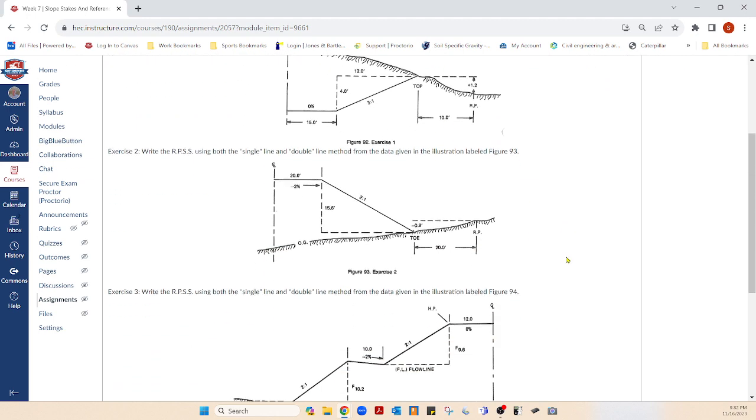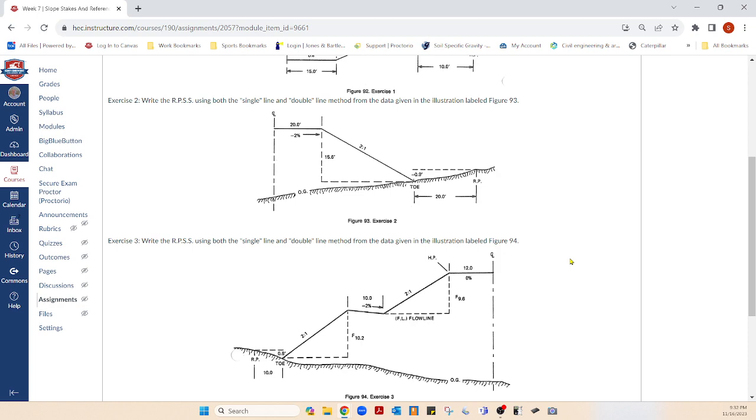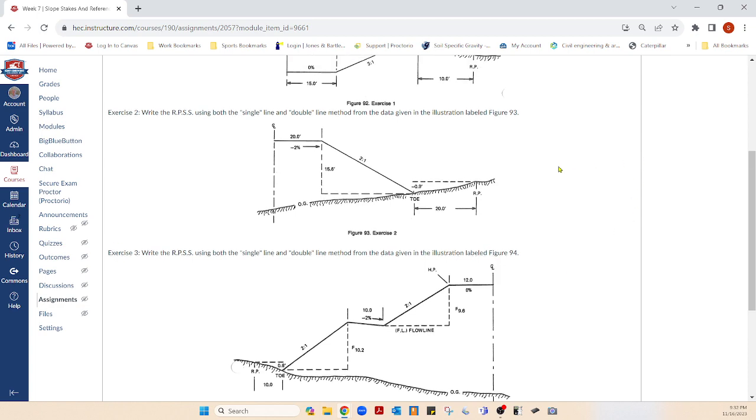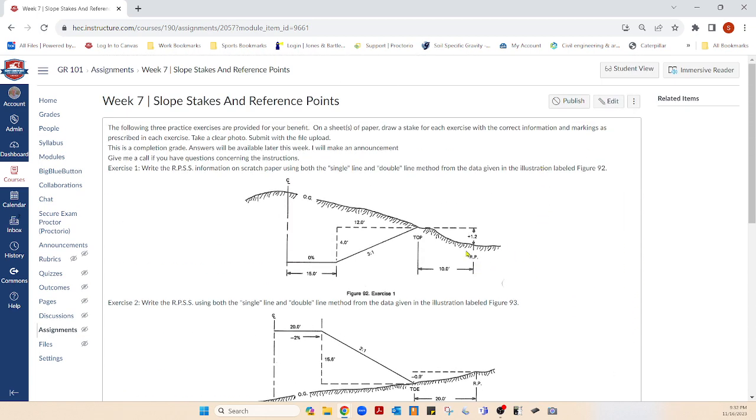Here is exercise 2. Double line would be, did I do that? Double line would be really simple. This would be cut 4 feet at 12 and then level at 15. That would be your stake.